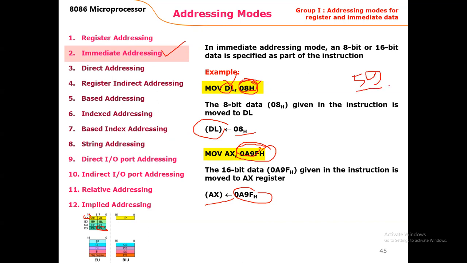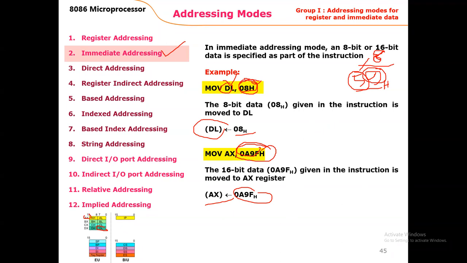You know this data is 8-bit data. How do I know whether it is 8-bit or 16-bit? Hexadecimal means one digit is 4-bit binary. And two hexadecimal digits mean 8-bit data, as already discussed in the previous class. So this is 8-bit data, and 8-bit data needs an 8-bit register, not a 16-bit register.